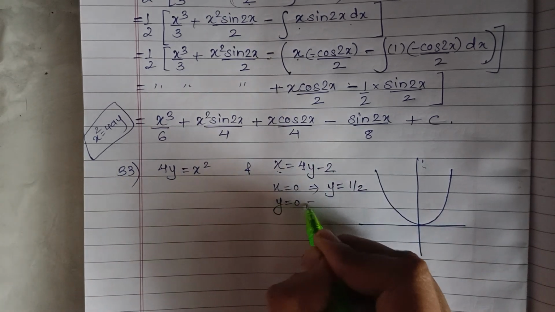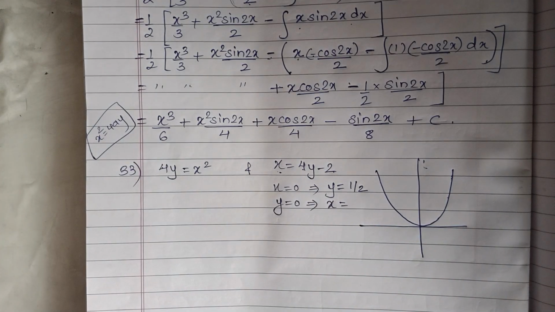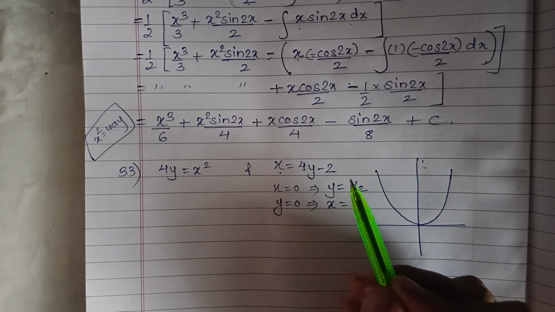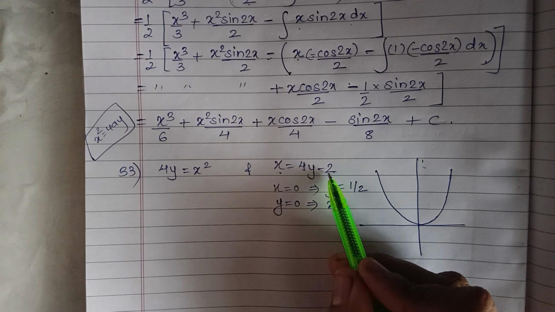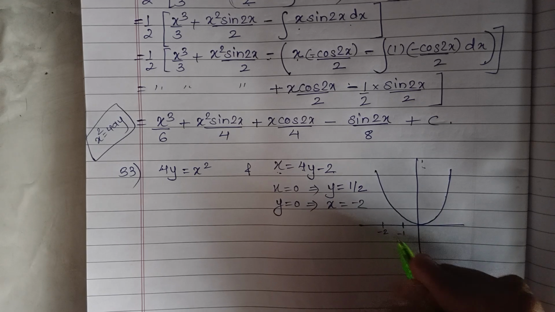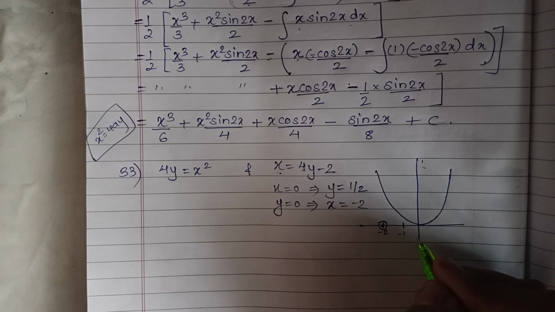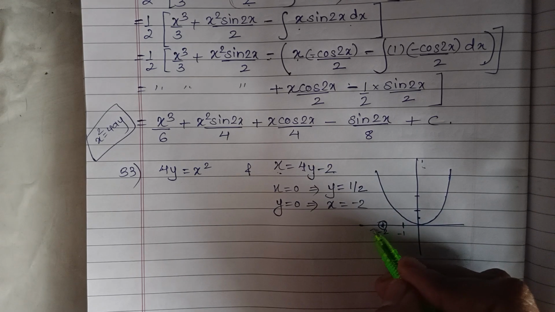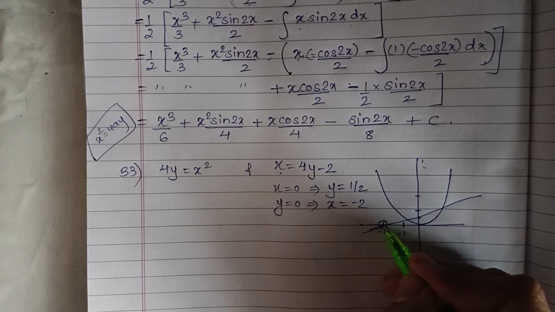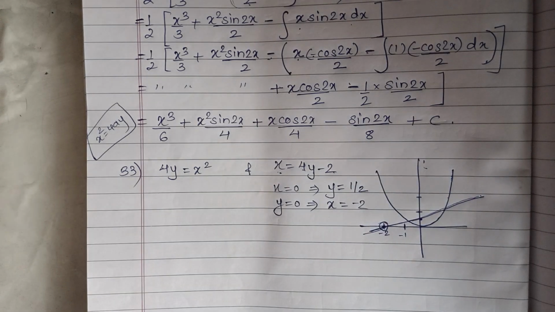When y is equal to 0, you will get x equal to minus 2. So the line is going like this. So this part we have to find.